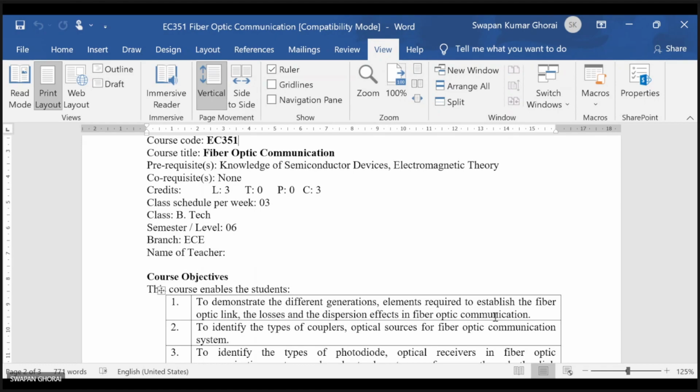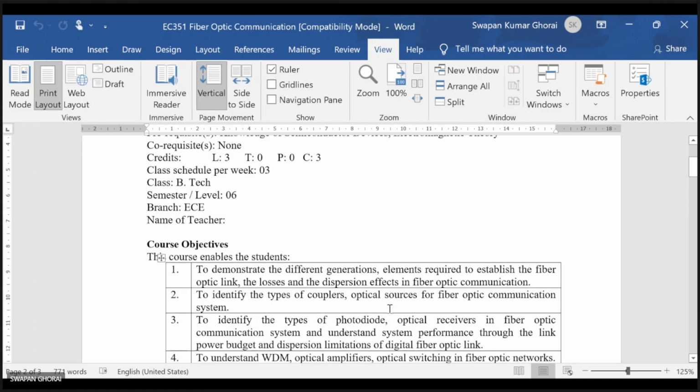That we'll discuss in detail, because light has dispersion properties, so it will affect the data rate, etc. Those aspects are included in this course. You will be able to discuss these dispersion effects in optical systems. So this is the first objective.